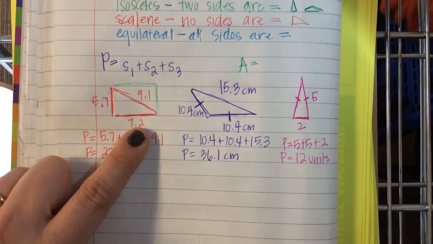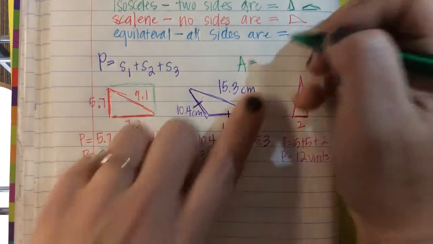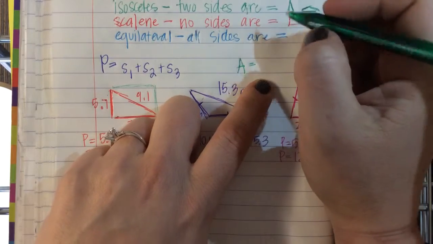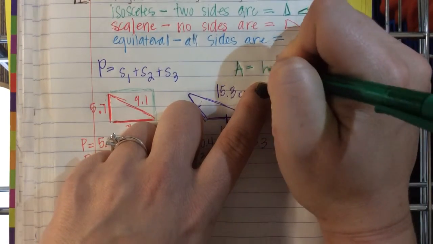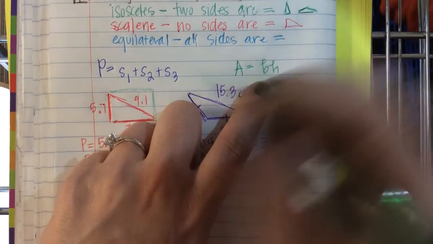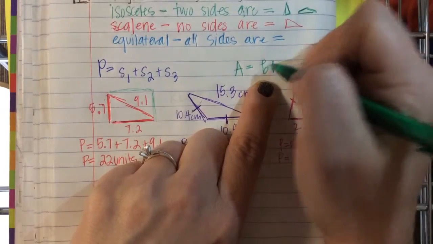So how do you find the area of a rectangle? Length times width, base times height, side 1 times side 2, right? I like to say base times height. So you do base times height first.